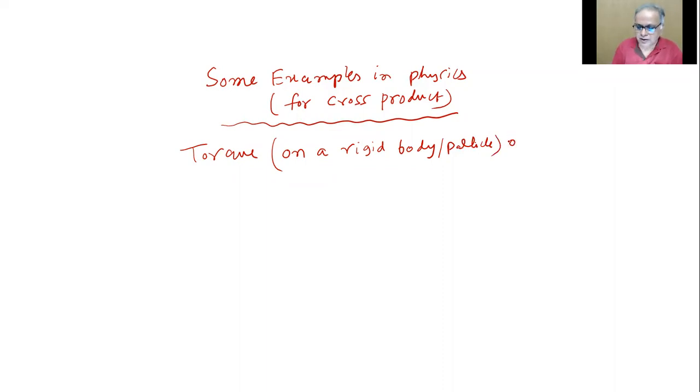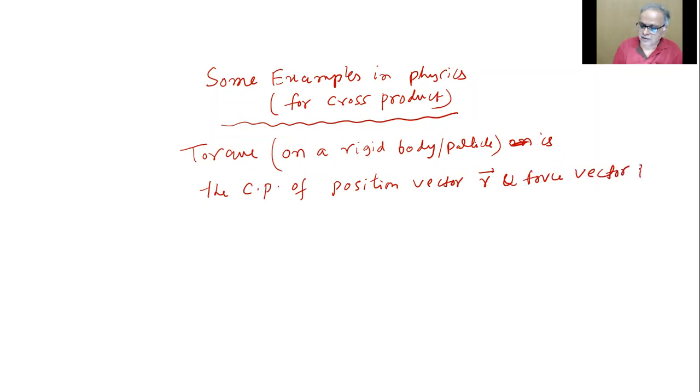Torque on a rigid body is the cross product of position vector R bar and force vector F bar.